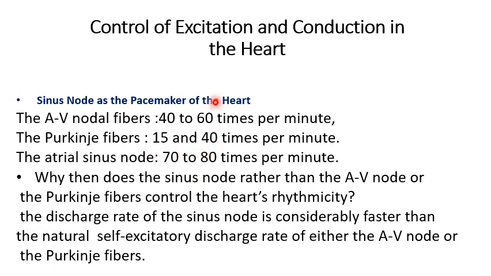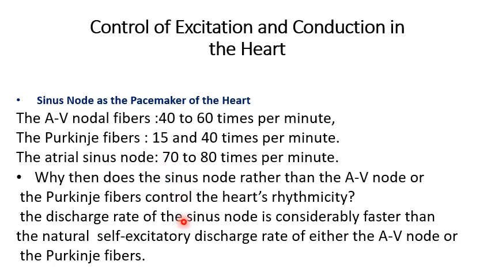Actually, the question is very simple and very straightforward. It's very clear that it is faster than the other two. Okay, it's the fastest for generating the action potential. So that's why it controls the rhythmicity of the heart, because the discharge rate of impulses is fast.